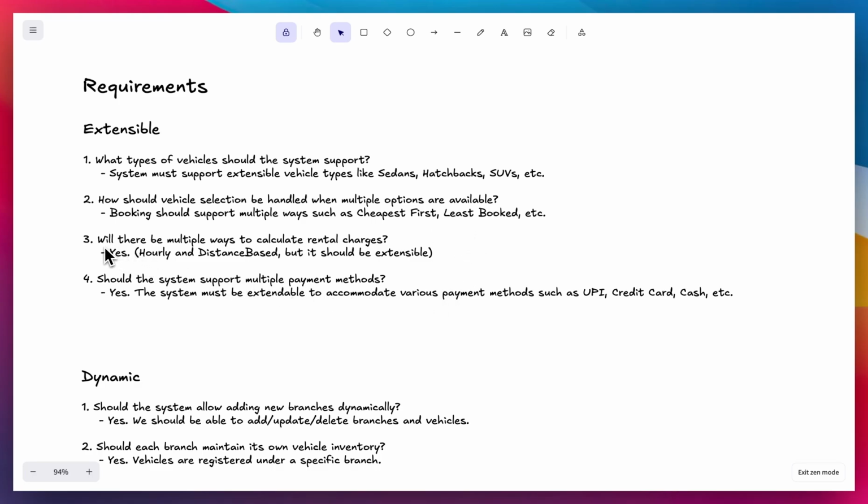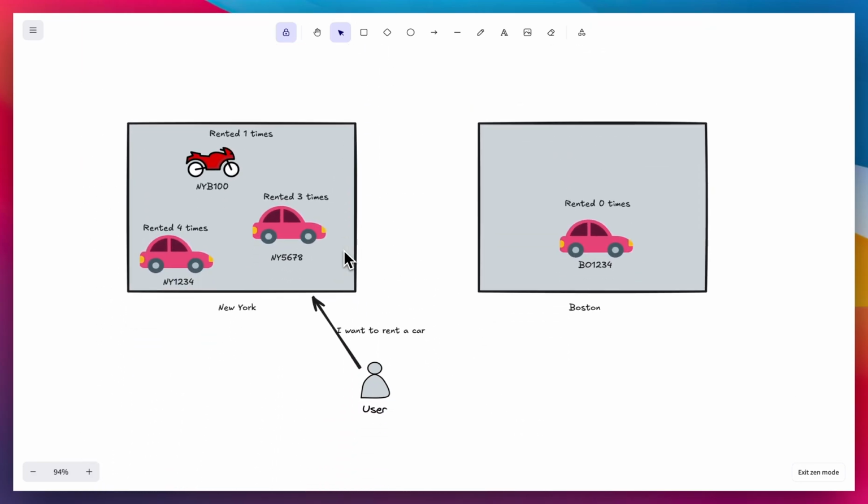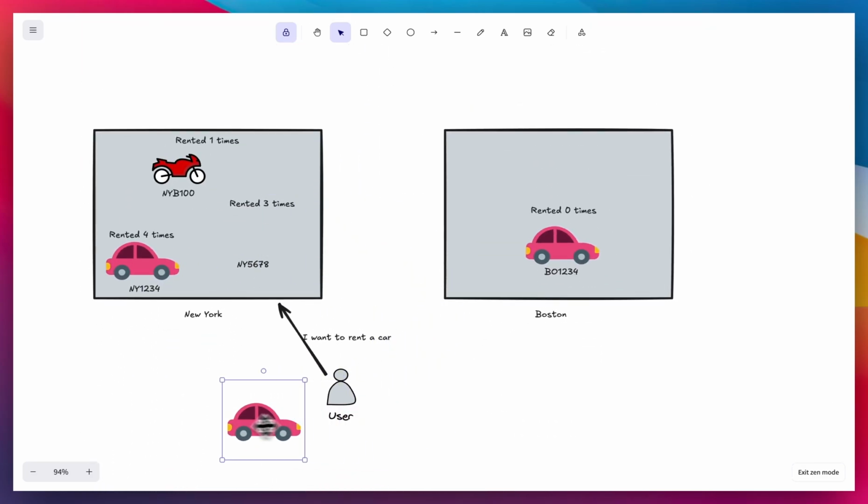Now the third point that you can ask the interviewer could be, will there be multiple ways to calculate rental charges? Let's say this vehicle was assigned to you, but then I have to take some money from this user, right? Then what should that money be? Should it be based on the distance from New York to Boston or based on the number of hours?